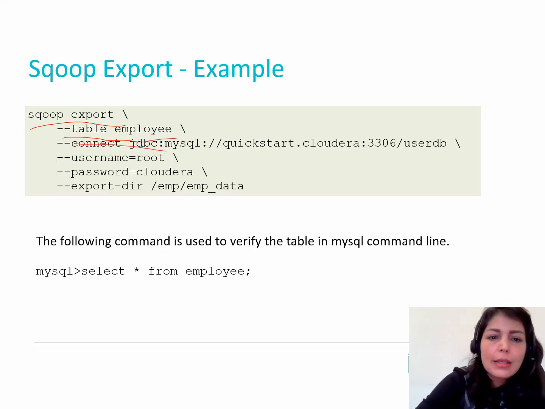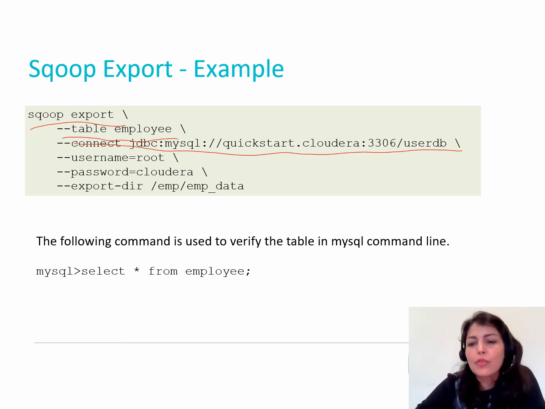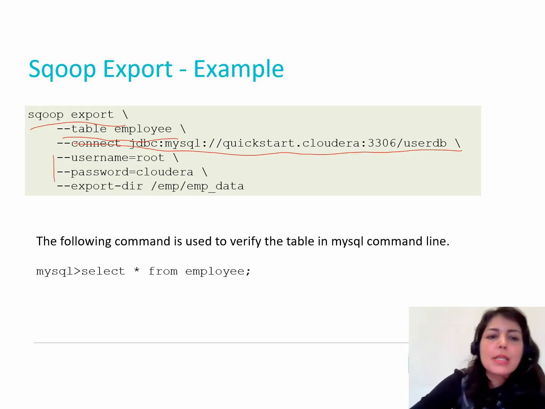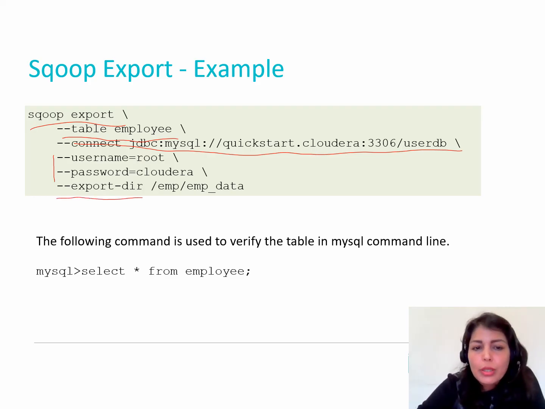This is how you can connect to the database. In this case, we want to use the user database again. Of course, this is the login information, and we have the export directory. The export directory is the location of our HDFS file.